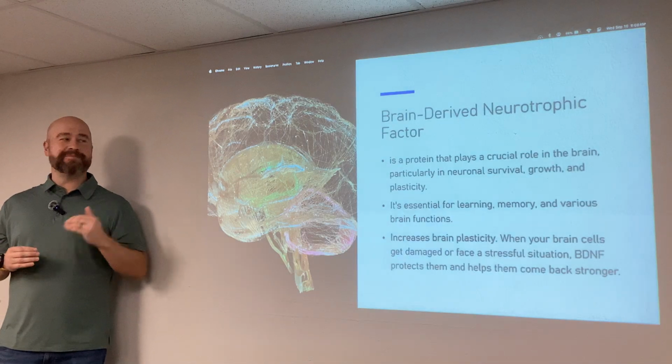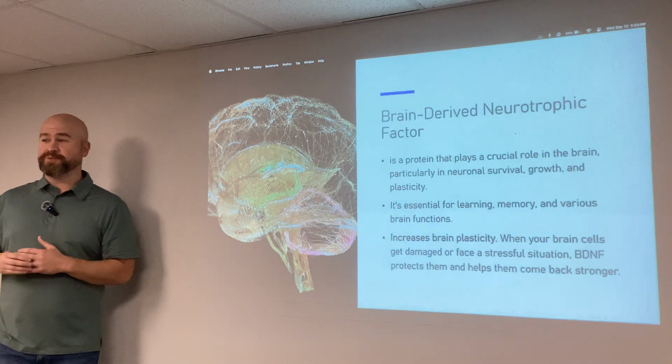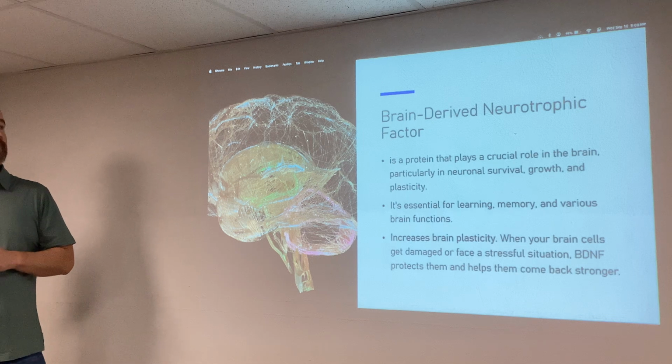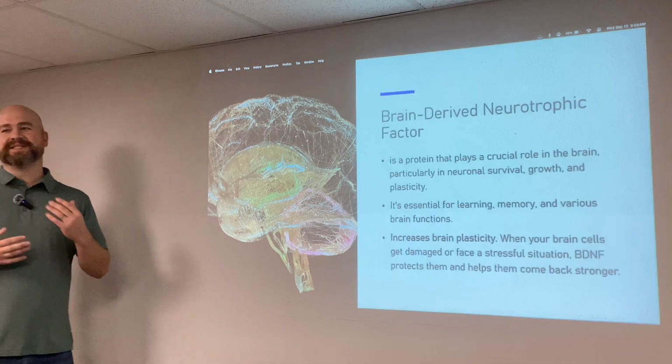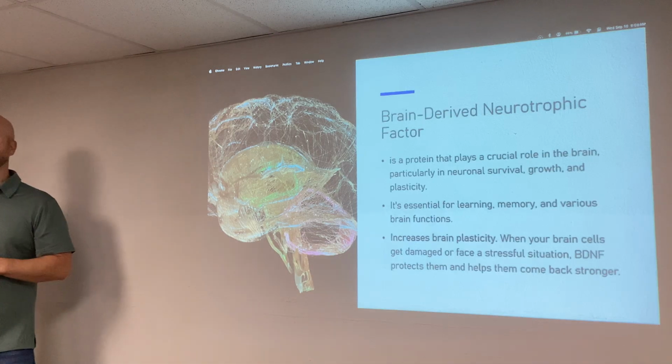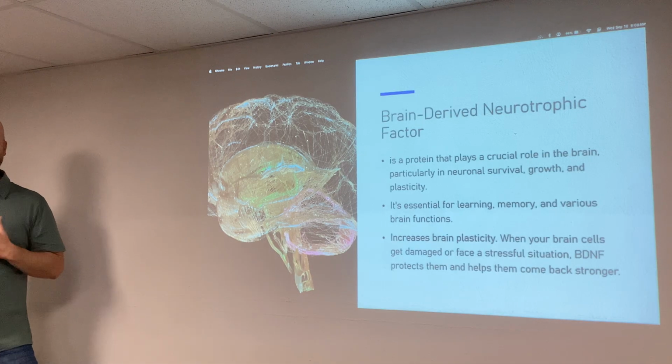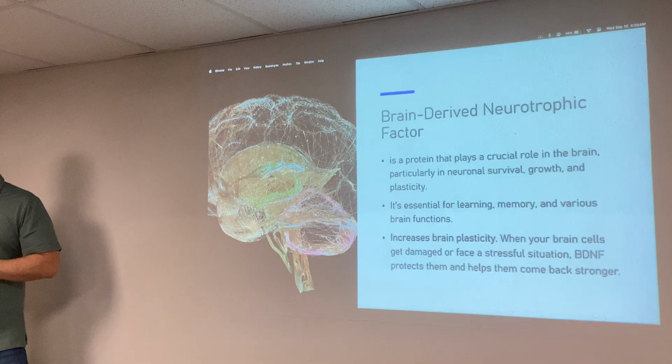When we have high BDNF, our brain's able to repair itself and grow and learn at higher rates than it could with low BDNF. So with our work, we're teaching and reinforcing behavior, we are teaching the brain, so having high BDNF is very important for us, for our VIPs, and that's making learning more efficient. That's what this complicated definition means. It's essential for learning, memory, and various brain functions.